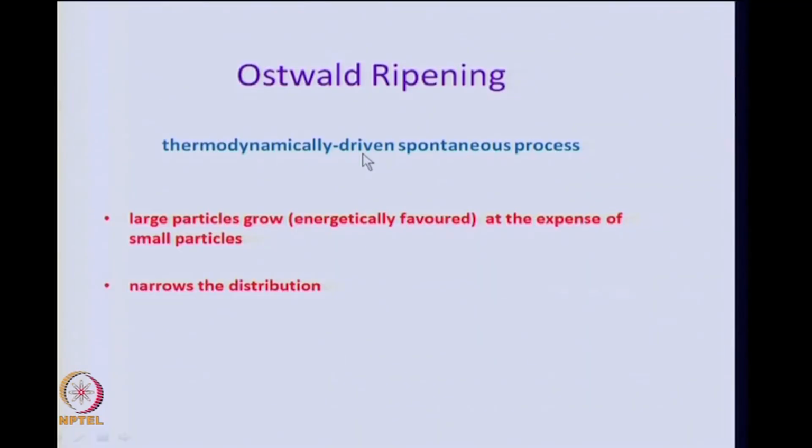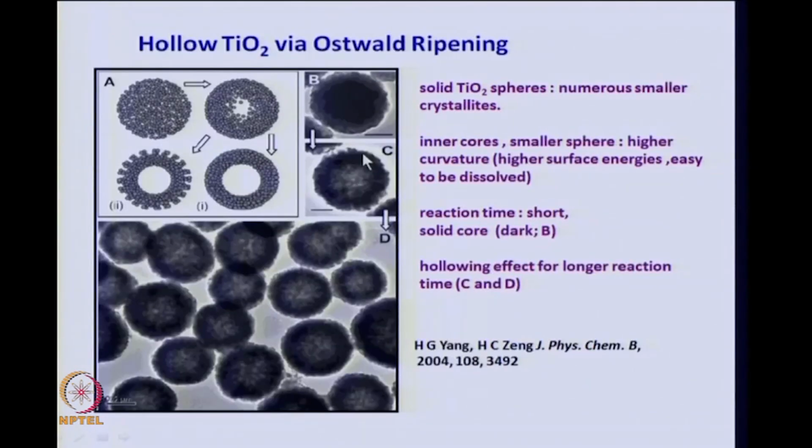Now, this is called the Ostwald ripening process. This is the thermodynamically driven process, and during Ostwald ripening, initially many nuclei form, and then the smaller particles dissolve, becoming larger particles. The inner core particles dissolve first, because the surface energy is higher at the inner cores.